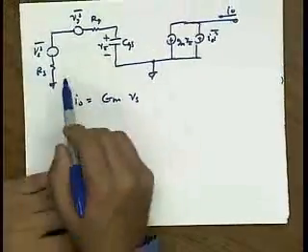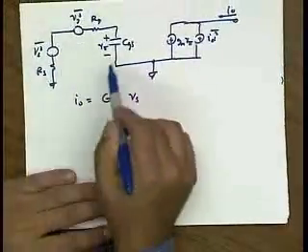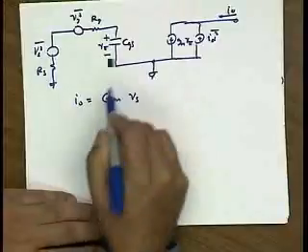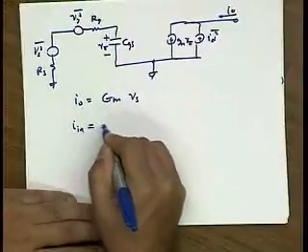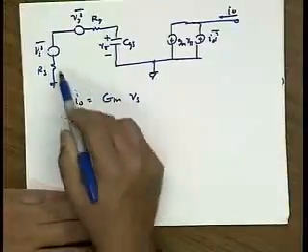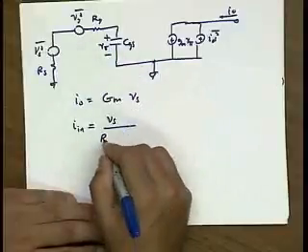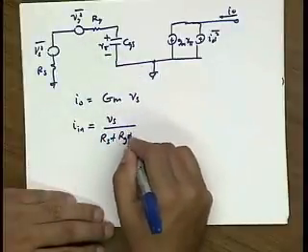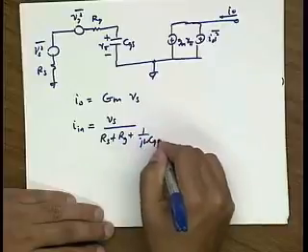Now this is pretty easy to do. If you look at the input of the transistor, a voltage source will generate a current, so I can say that I_in is Vs divided by the total resistance in this loop, which is Rs plus Rg plus 1 over j omega CGS.